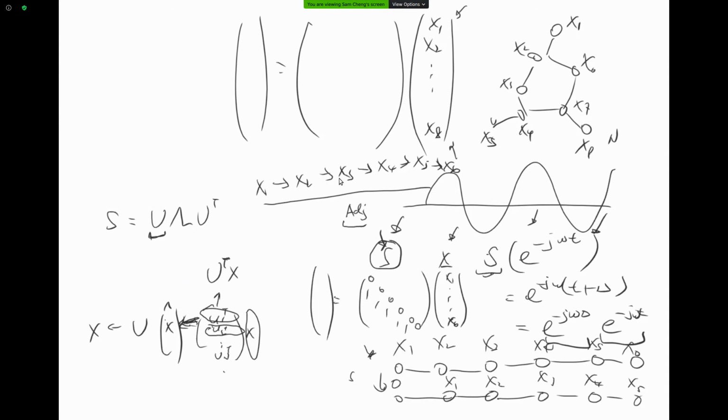I have x, I multiply by U transpose. This will be the Fourier transform of x, and then times U again. This will be the full inverse Fourier transform that gets back my original x. And again, this U is decomposed from this shift matrix. Okay, that's basically what we talked about last time.